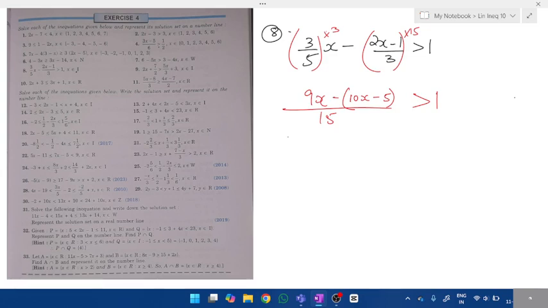Look at this first step, what I have done, students. From here, shift 15 that side. Open the bracket. Complete. Let me know what answer you got.